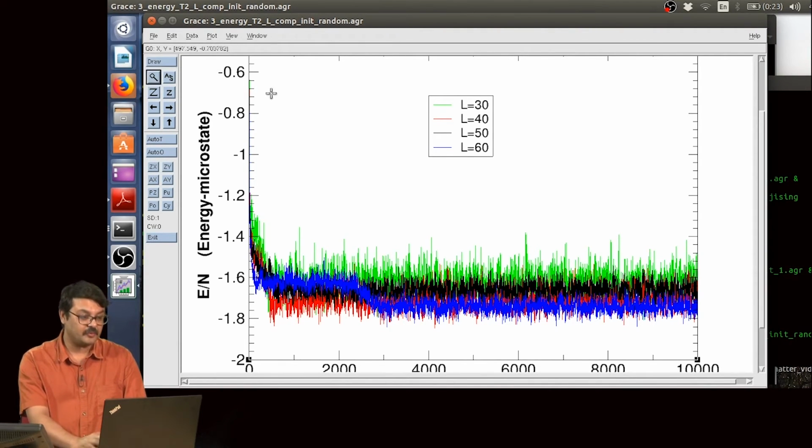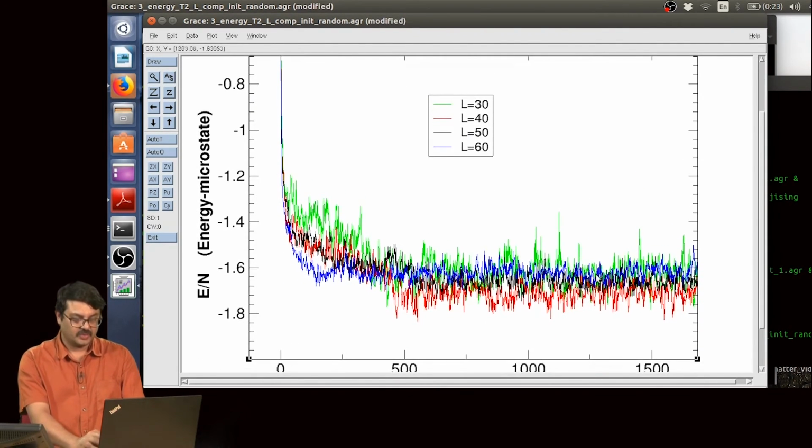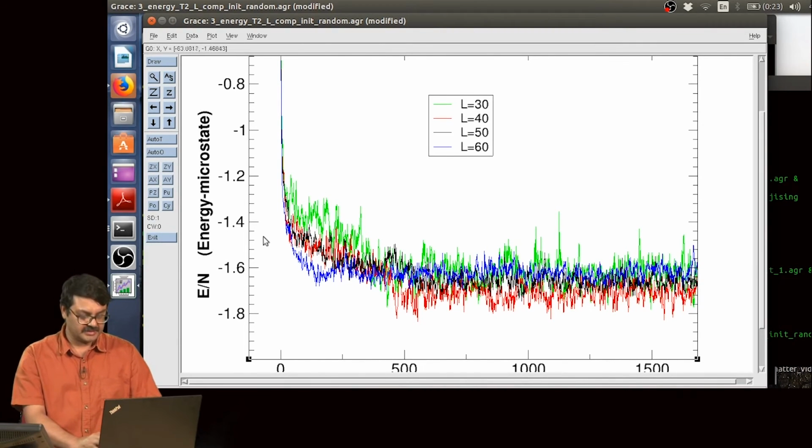So, let us focus on this initial part in greater detail. So, you see that for L equal to 30, it takes around 500 iterations before it reaches some value. It starts fluctuating about an average after that. For L equal to 40, it takes slightly more, definitely more than the green data, and so on for the black data, which is for L equal to 50.